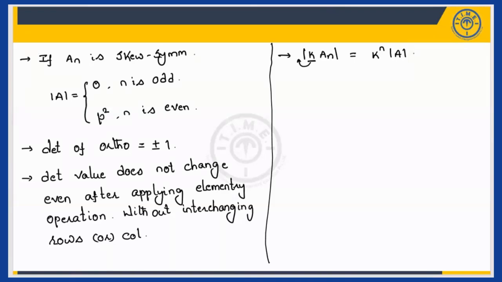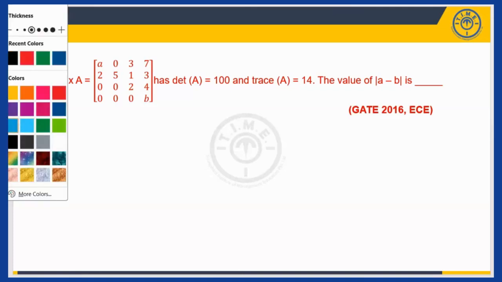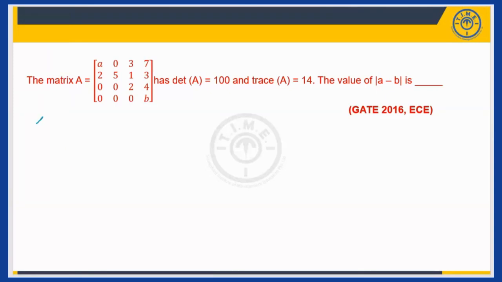So now let's solve this. The matrix A has det 100 and trace 14. Find the value of modulus of a minus b. Now what is trace?